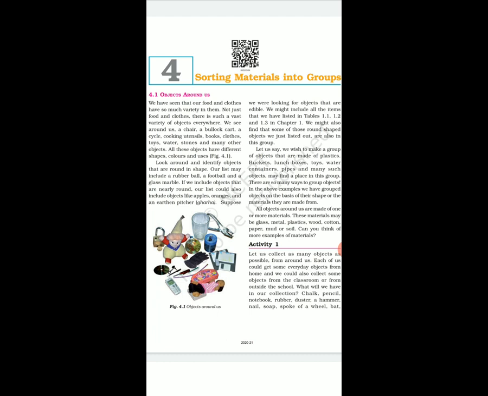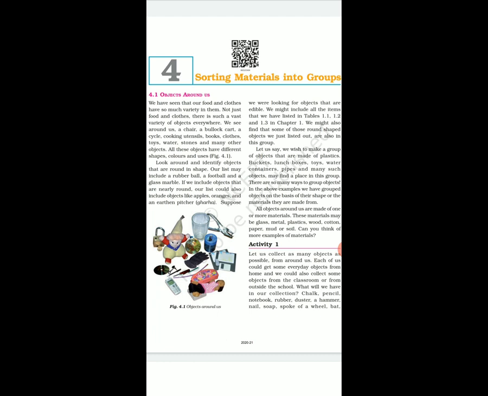What was there in chapter number 1? What have we written in the tables? What do we eat? Then food items and their ingredients. Then items with their sources. This we have written in tables 1.1, 1.2 and 1.3 of chapter number 1. So these are all edible items. We might also find that some of those round shaped objects we just listed are also in this group.